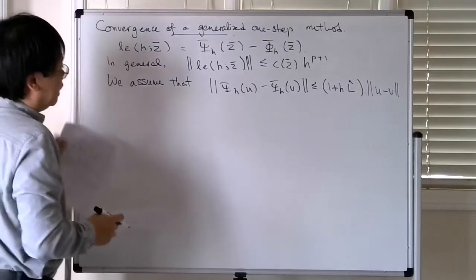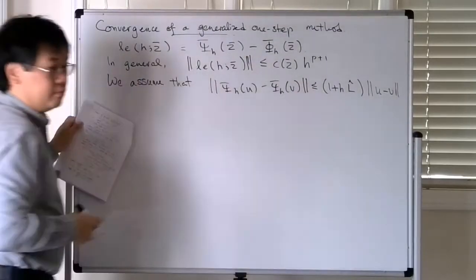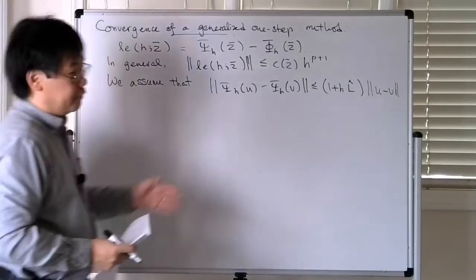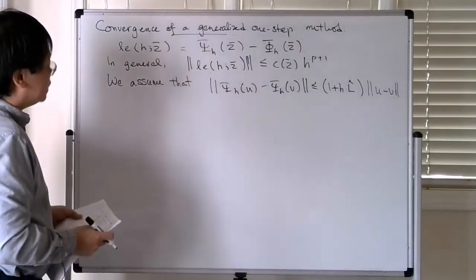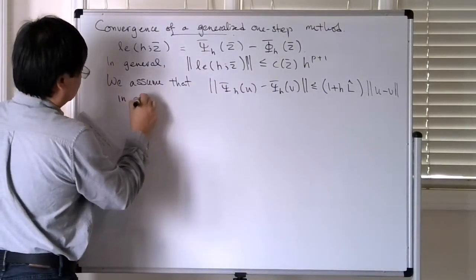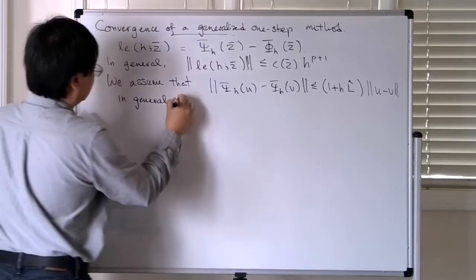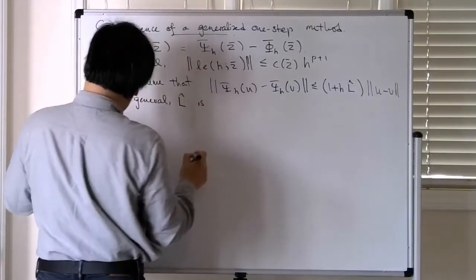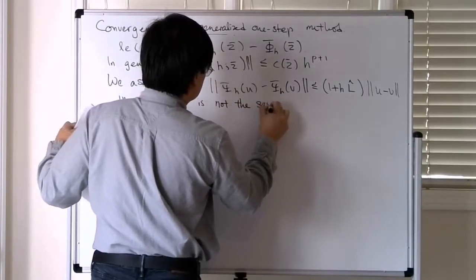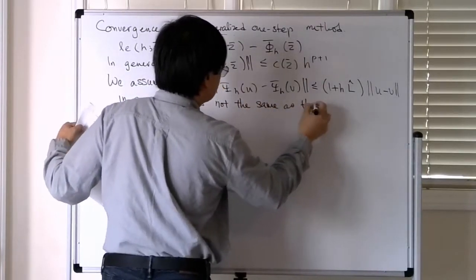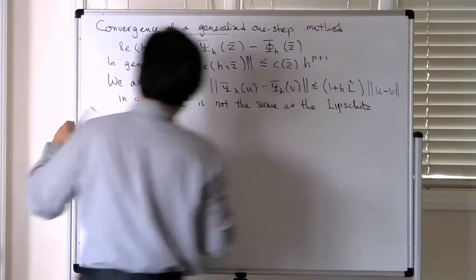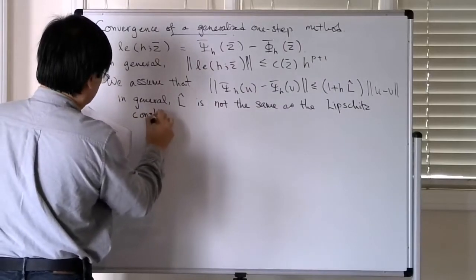In general, this L hat may or may not be the Lipschitz constant of the original dynamical system. So in general, L hat is not the same as the Lipschitz constant for the vector field.